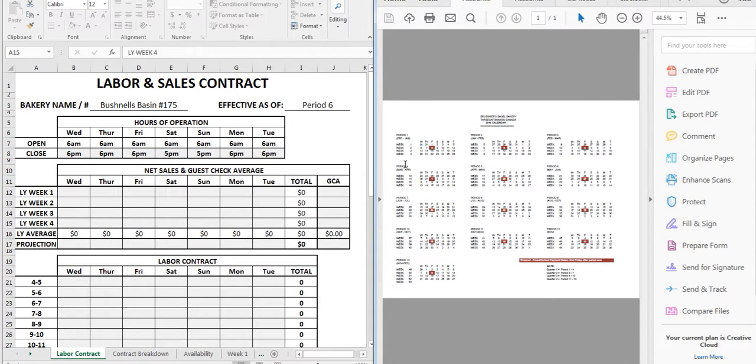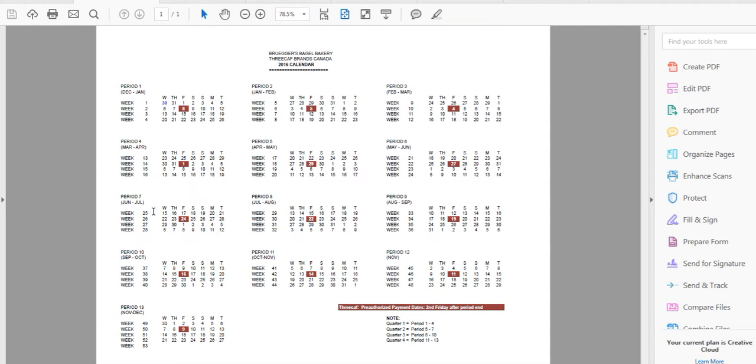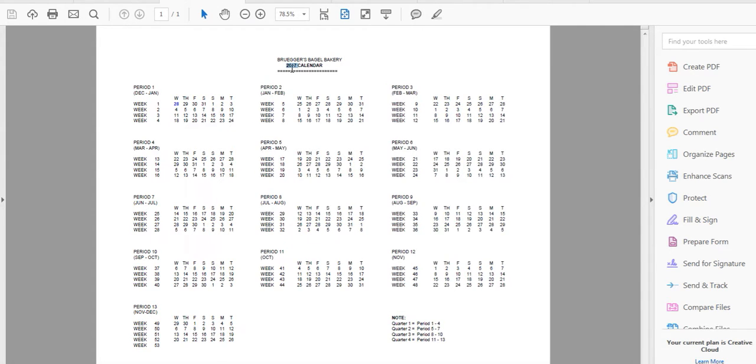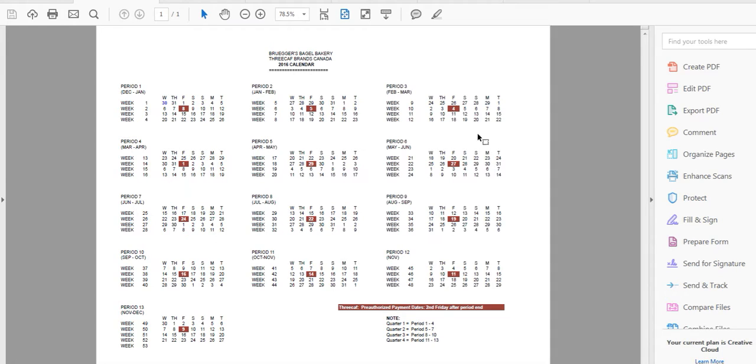If you don't have an accounting calendar, you're going to want to reach out to your area manager to send you one. Really, we should all have last year's calendar, which is 2016, to reference, as well as this year's, 2017. In this case, we're looking at last year's numbers.